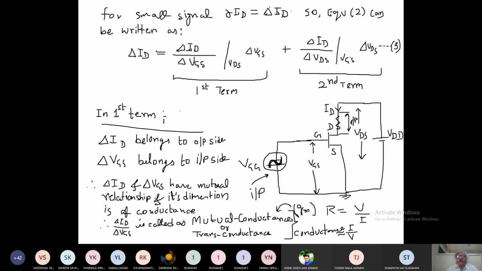In the second term, delta ID belongs to the output side and delta VDS also belongs to the output side. See here, both belong to the output side.